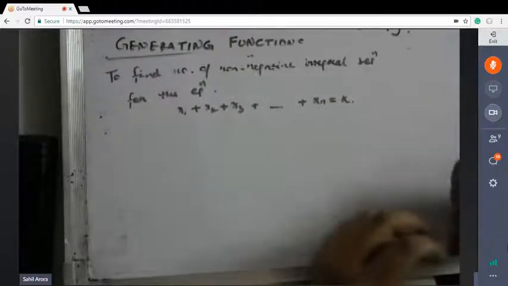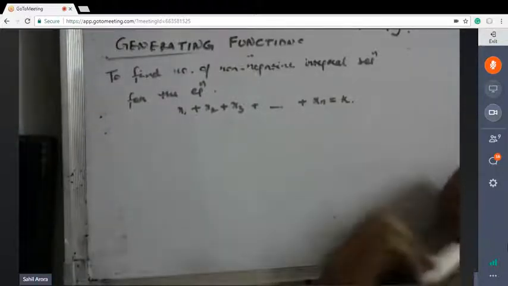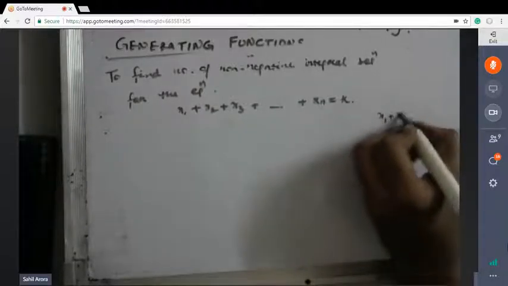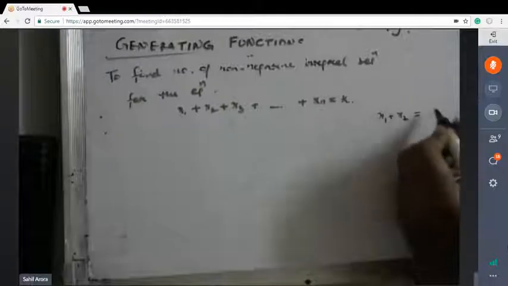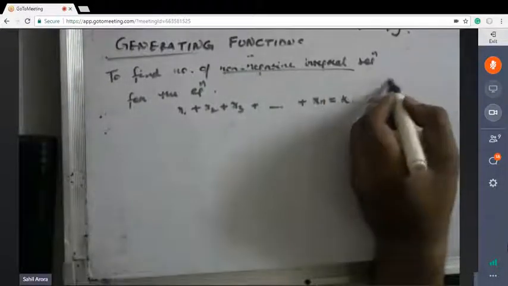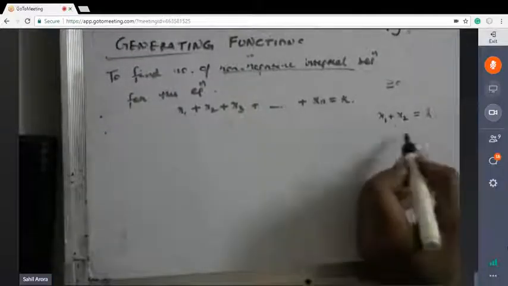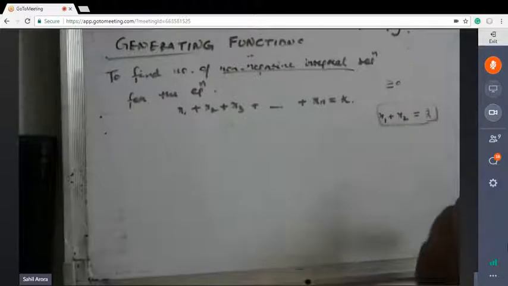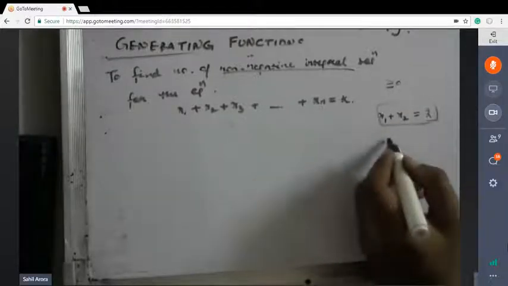First of all, what is the actual meaning of this? Let's say we have x1 plus x2 equal to 2. Non-negative integral solution means each value is greater than or equal to 0. We need to find all solutions for which this equation is satisfied.